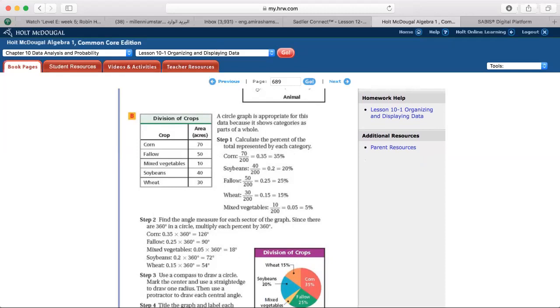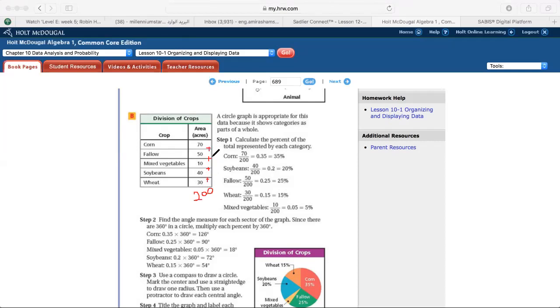The total here is, let me write, 70 plus 50 plus 10 plus 40 plus 30, all of them makes 200.